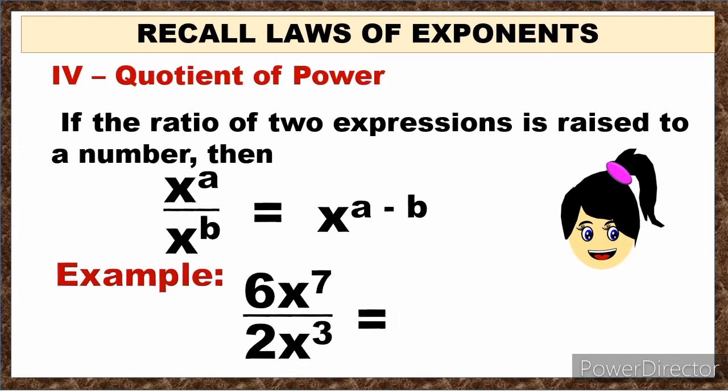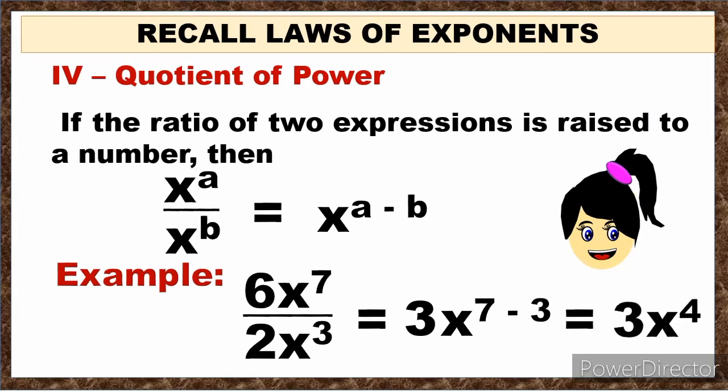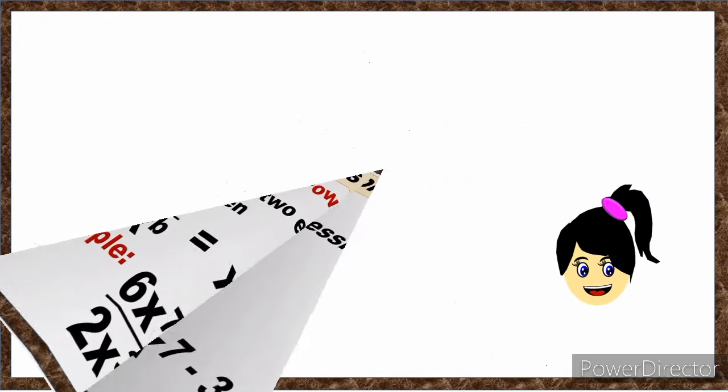Okay, so in this situation, we're going to divide 6 divided by 2. 6 divided by 2 is equal to 3. And then, x raised to 7 over x raised to 3. Then, we subtract their exponents, 7 minus 3. Then, the answer now is 3x raised to 4, which is 7 minus 3 is equal to 4.